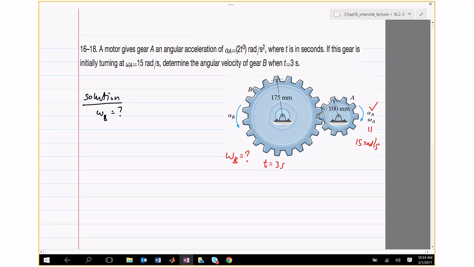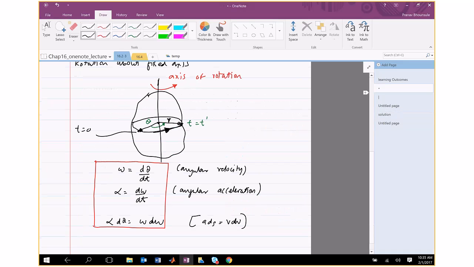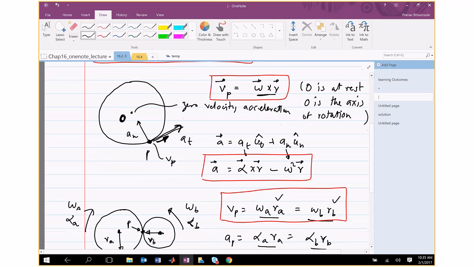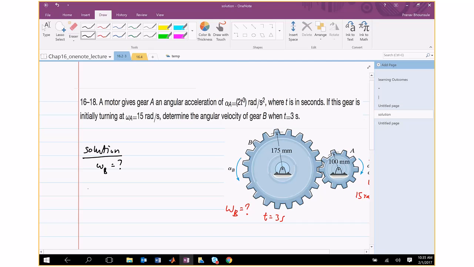Now let's try to see how we can find omega B based on what we've done before. If we know the angular velocity of A and the radius, of course we know that, we can find angular velocity of B. So I'm going to write that formula down first. Omega B RB is omega A RA.